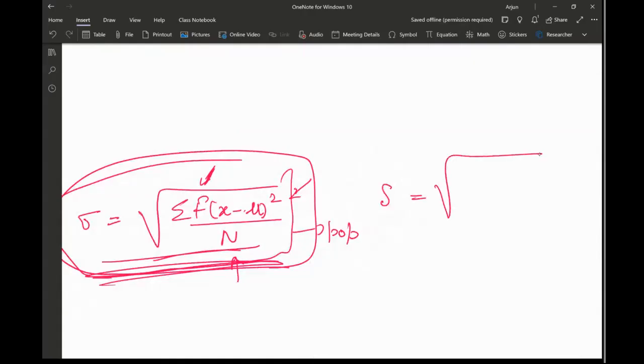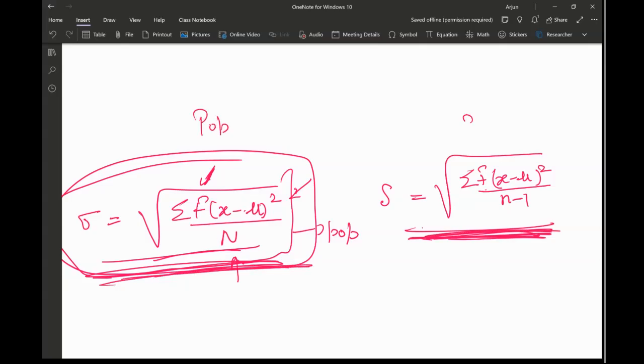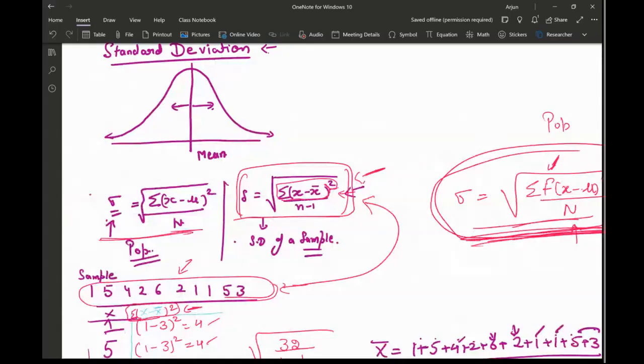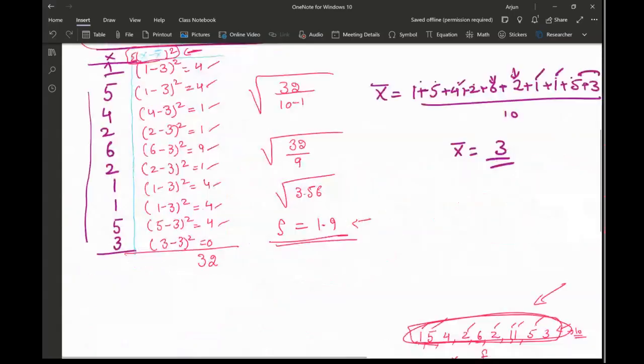If it is a sample, then the formula will be the same formula: sum of f times (x minus mu) square, divided by n minus 1. This is for sample when the data is in the frequency form. This is for population, this is for sample.